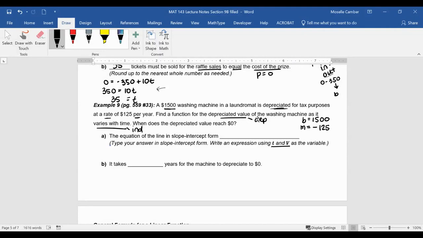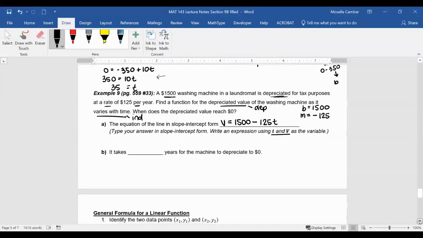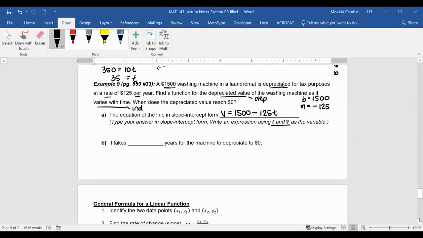So to put it in my equation, I know my value is going to start at 1,500, and it's going to decrease 125 per year times t years. So how many years does it take for this machine to depreciate to $0? The value then would be 0, and it wants to know t, the number of years.